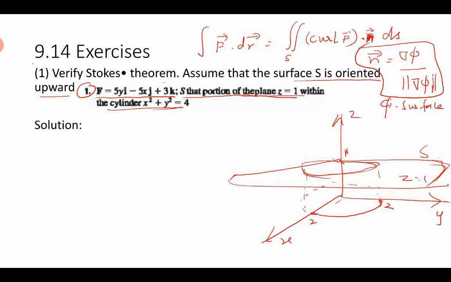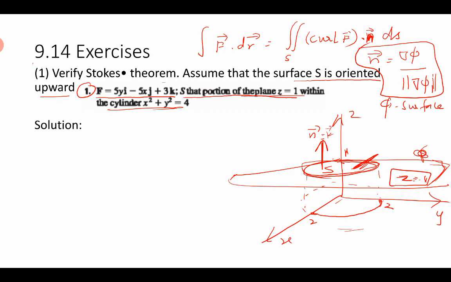On this plane, within this cylinder, this is our required S actually. This general surface is z minus 1, isn't it? So this equation of z equal to 1 is applicable here as well. Now the outward unit normal vector, n vector. You know, for the xy plane the perpendicular vector is k.